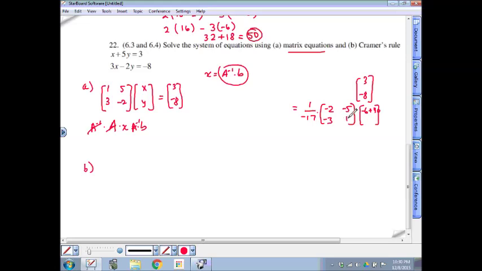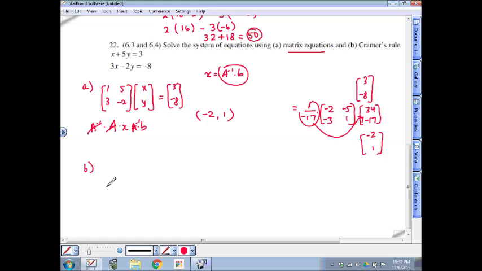This entry is a result of this row with that column, so that's a negative 9 and a negative 8. Negative 6 plus 40 is 34, and then negative 9 minus 8 is negative 17. Now take this negative 1/17 and multiply it into there. And we get negative 2 and a positive 1, so the answer for part A is negative 2, 1.